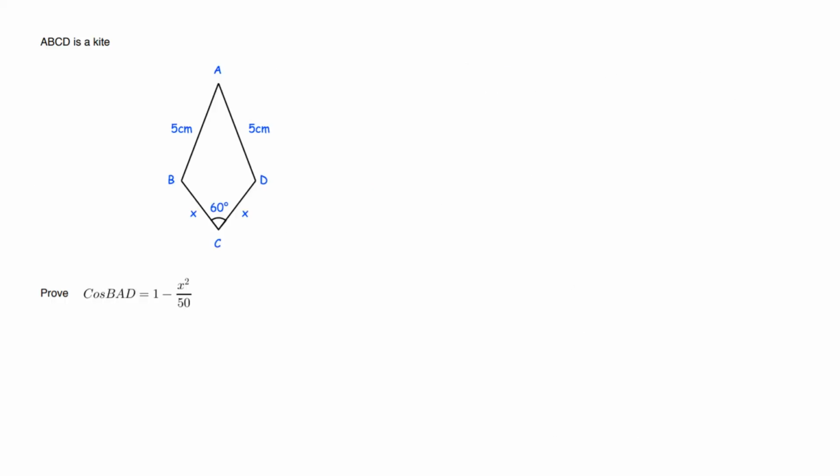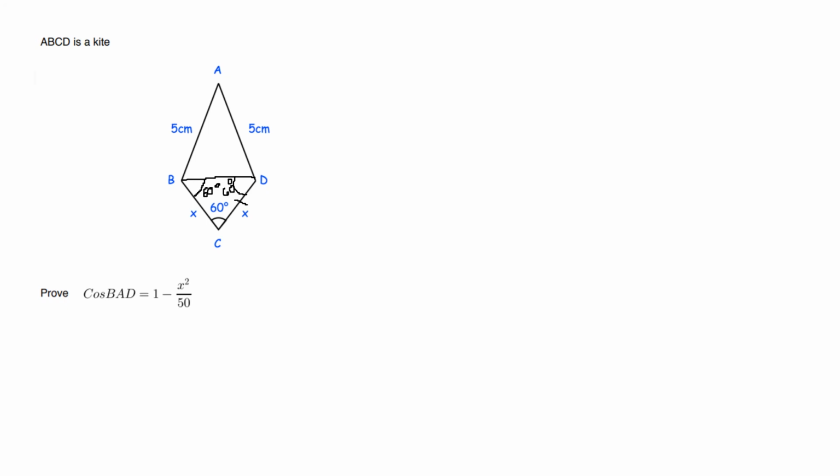centimetres squared. We have here a kite ABCD, and we need to prove that cos BAD equals 1 minus x squared over 50. So what I'm going to do first of all, I'm going to draw a line across here, and I'm going to say that's 60 degrees and that's 60 degrees.